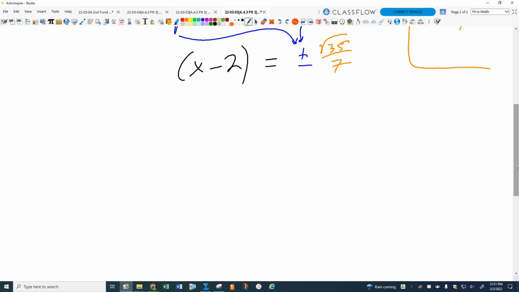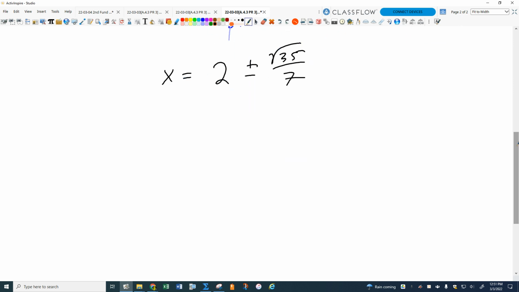In front. So I'm canceling the 2's, and I get my solutions. X equals 2 plus or minus the square root of 35 over 7.